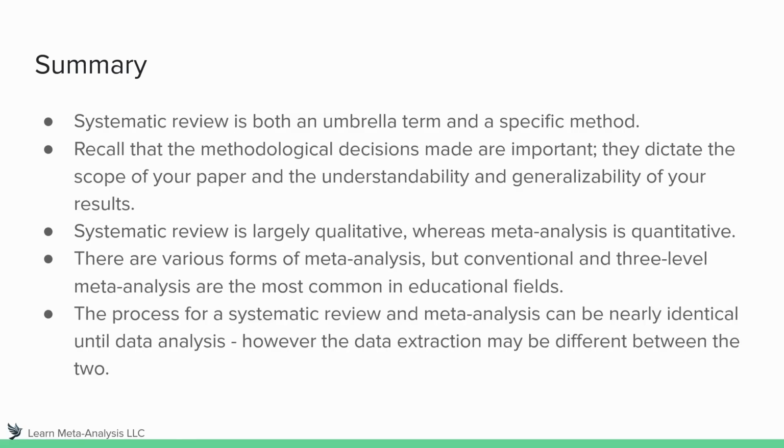And last but not least, I haven't said this explicitly yet, but I hope that you've kind of picked up on this as we've gone through this process. The process for conducting a systematic review and a meta-analysis are almost identical until the data analysis phase. The only thing that might really differ is how you are extracting your data, because how you might extract results data, for example, or comparison data for a systematic review could be different than how you're extracting it for a meta-analysis.